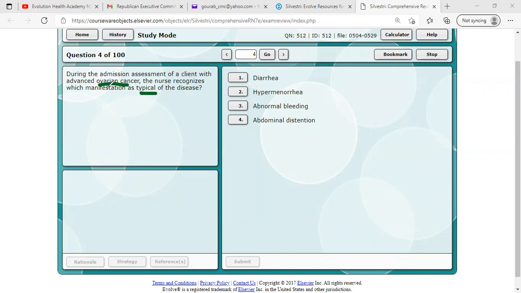Okay. So abdominal distension is more common in ovarian cancer.